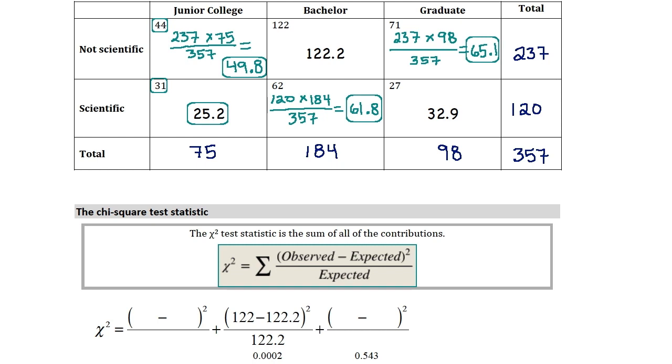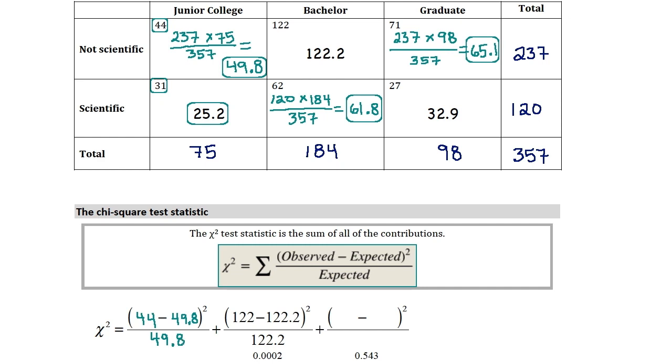So I have these laid out like the top cells of the table, and I'm going to take the observed count from junior college not scientific, which is 44, the expected count from junior college not scientific, which is 49.8, and the expected count, the one that you enter second, is also the one that goes in the denominator.